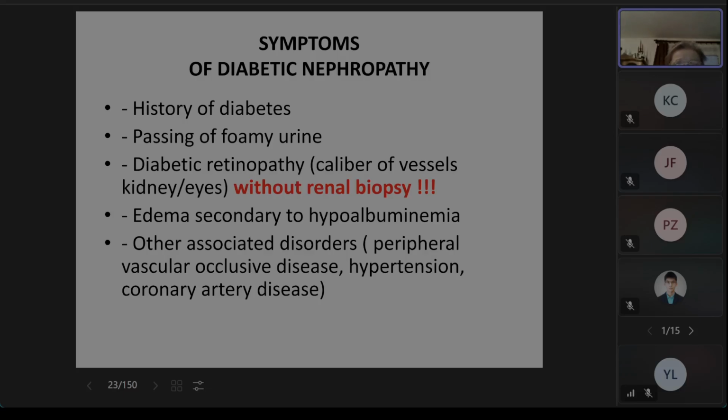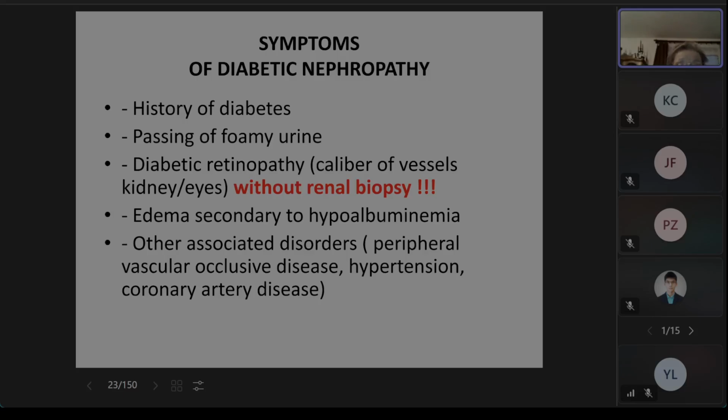Second, it is very important to ask the patient if he or she is passing foamy urine, because this is a sign that the patient has overt proteinuria. And finally, if we find diabetic retinopathy, we can suspect without a renal biopsy that the patient has diabetic nephropathy.